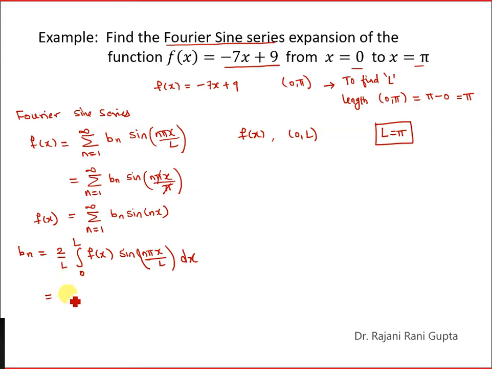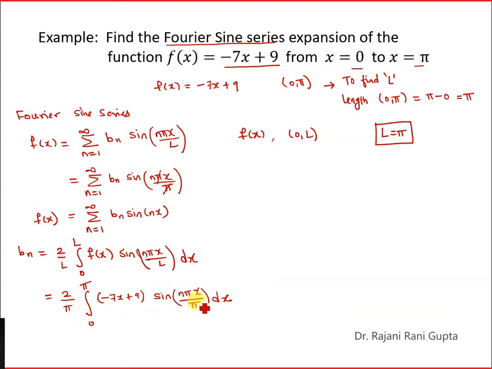Now substitute 2 over L, where L is pi, integral 0 to pi, f(x) is minus 7x plus 9, times sine(n pi x over pi) dx.